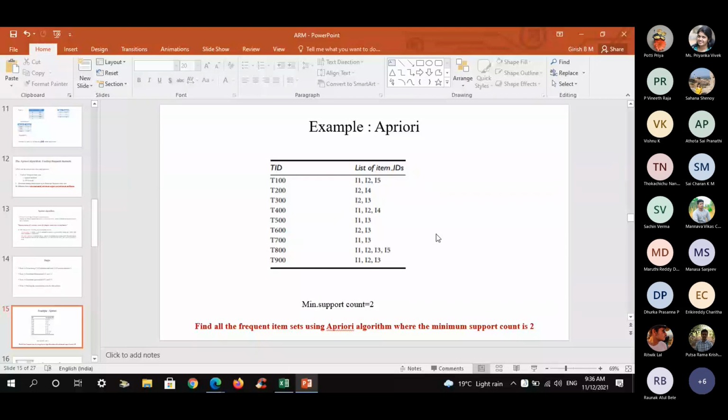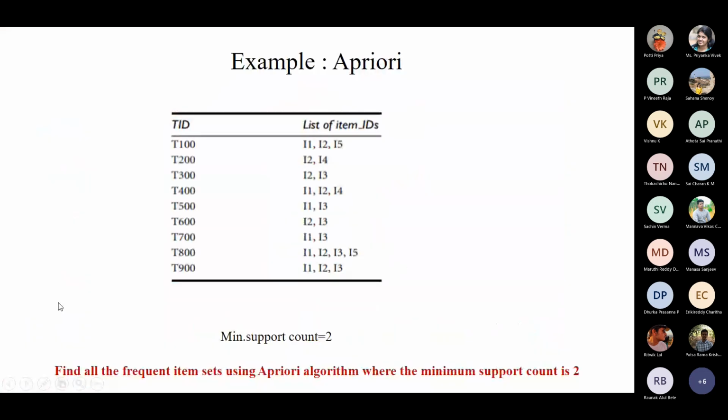So there are 5 items: I1, I2, I3, I4, I5.